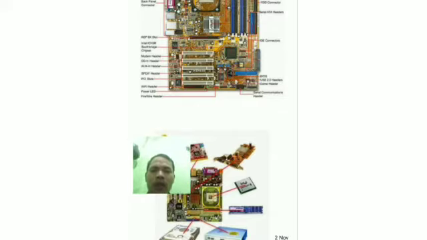Now is the time to carry out the next process, namely the computer assembly process, which is done in the following stages.